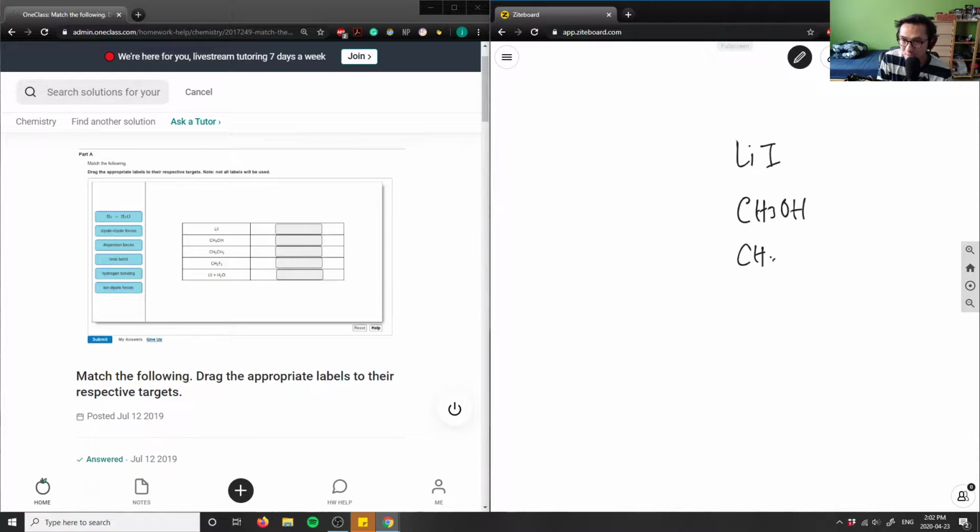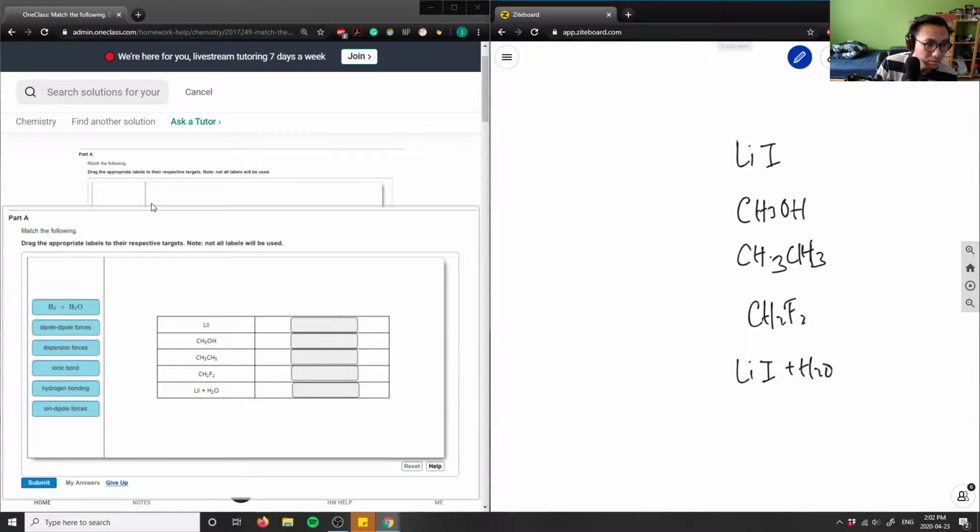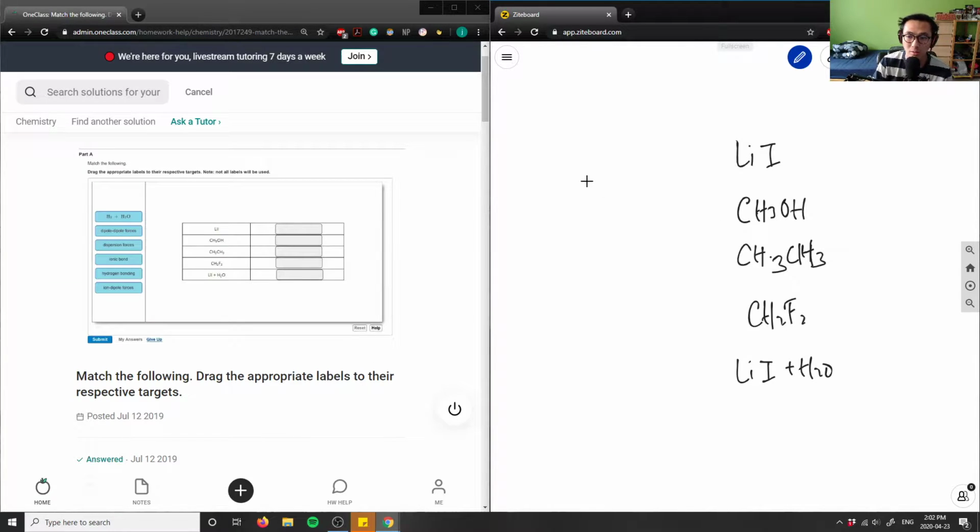I can't even see it, CH3. The font is kind of small here. CH2F2. And LiI plus H2O, and then basically I'm given these labels here. Let me see if I can enlarge it. I have H2 plus H2O plus H2O.